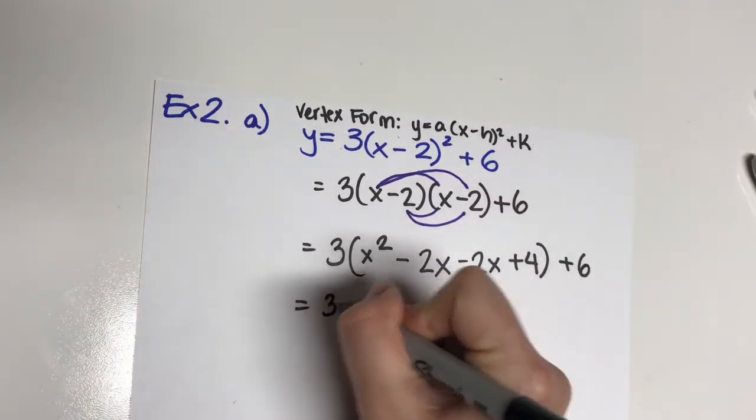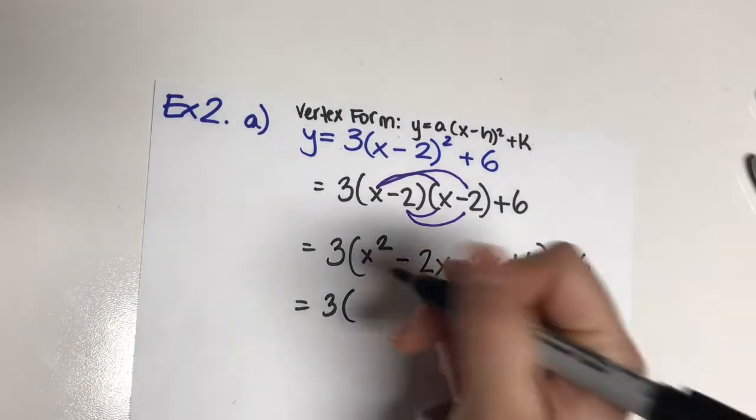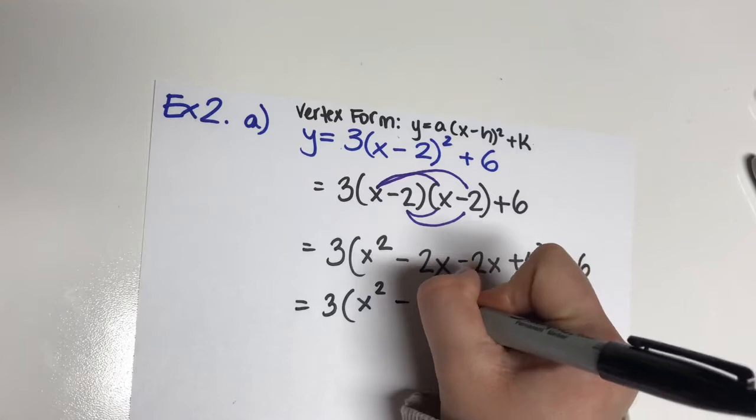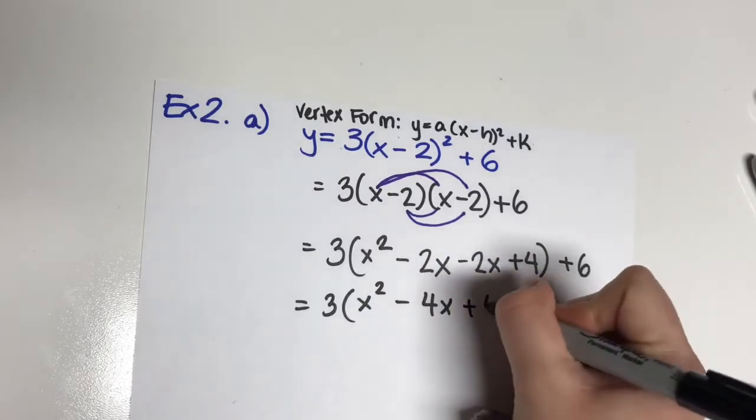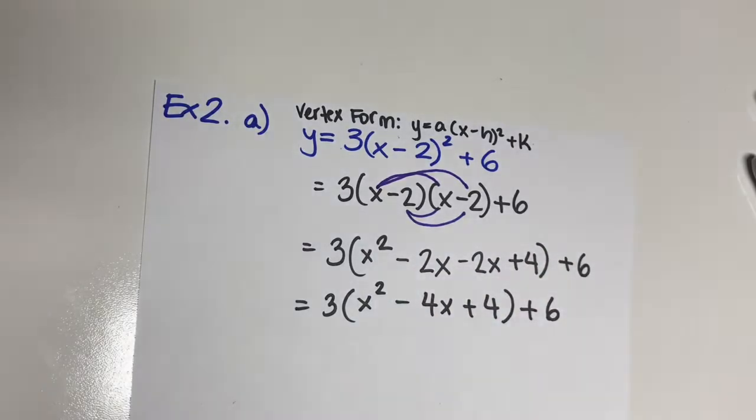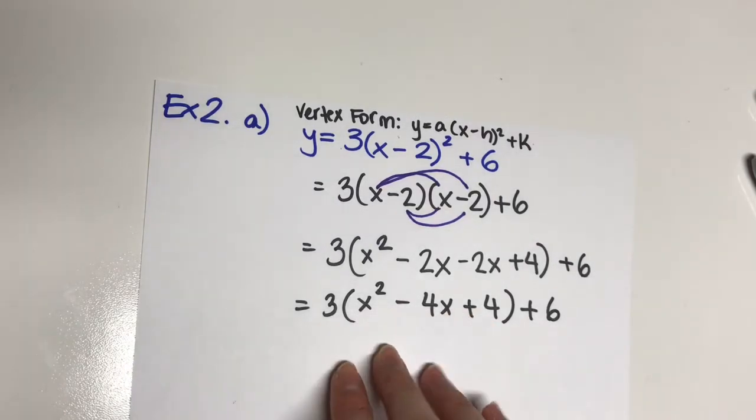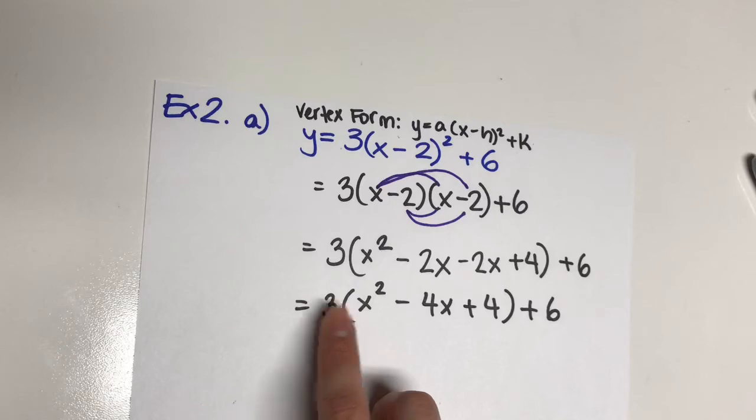Okay, now I can simplify what's inside the brackets. So I'm going to add the like terms, which are negative 2x and negative 2x. Everything else stays the same. No more like terms here, so the next step is to multiply by the 3 that's outside of the brackets.